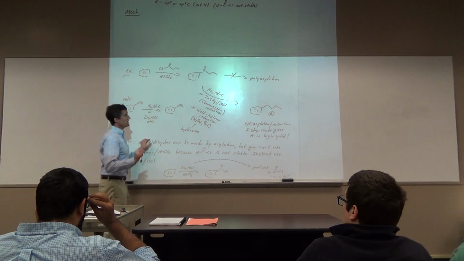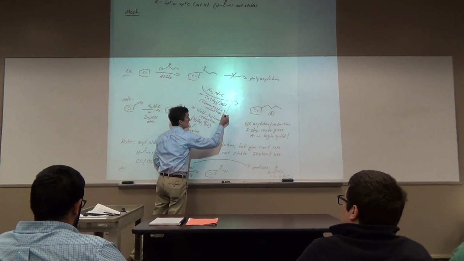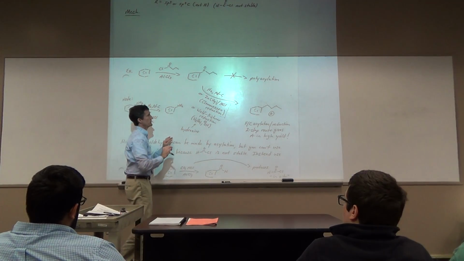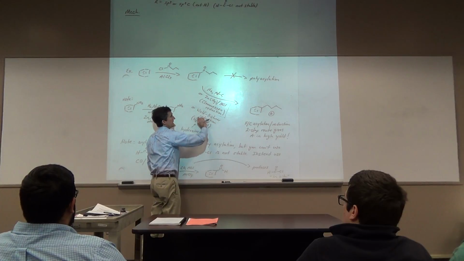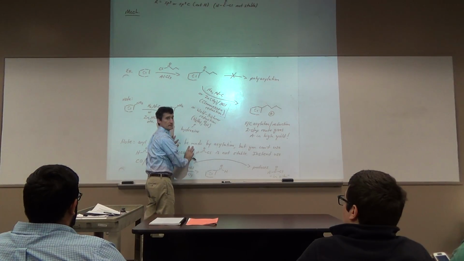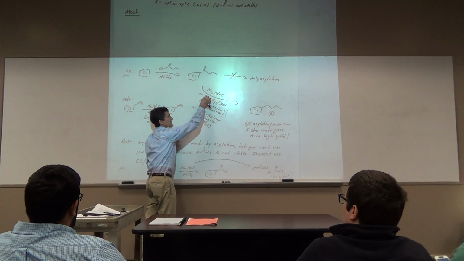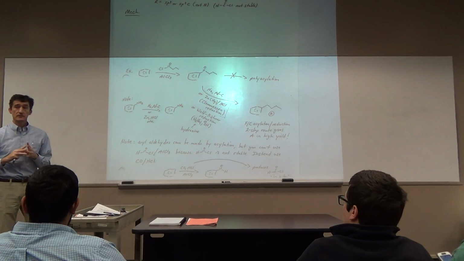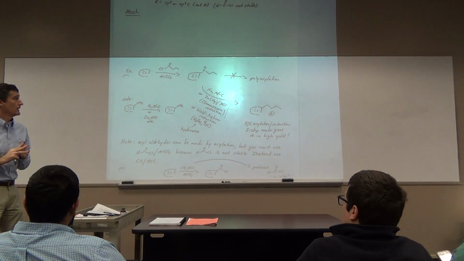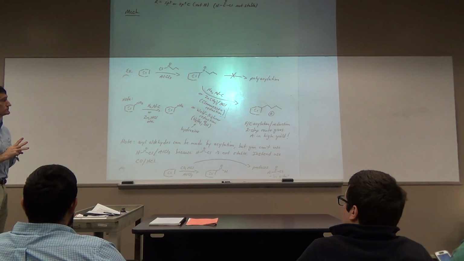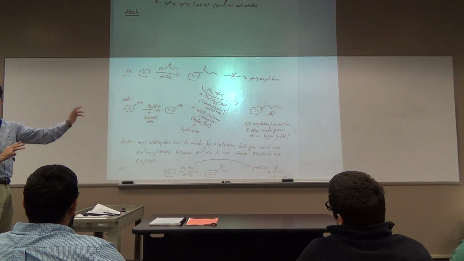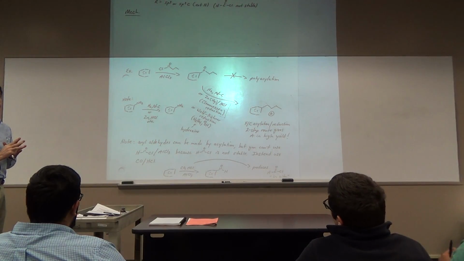A classical textbook way, and this should be in any textbook, Clemmensen reduction. This is the second way to do it. It's a dissolving metal reduction using zinc and HCl. But typically it needs a little mercury with the zinc to activate the zinc, and that's called a mercury amalgam. Clemmensen reduction is a very classical textbook way to accomplish this reaction.